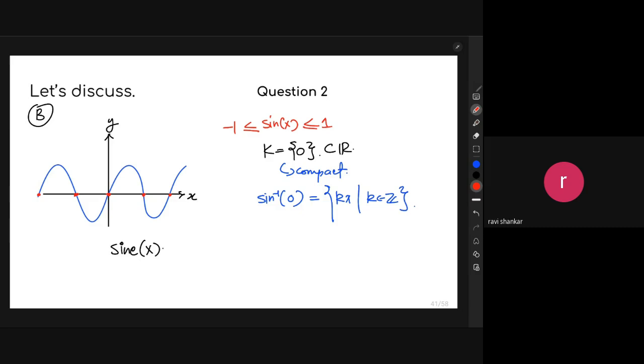So this set k pi, this set sine inverse of 0, is not compact. Why? Because it's not bounded.